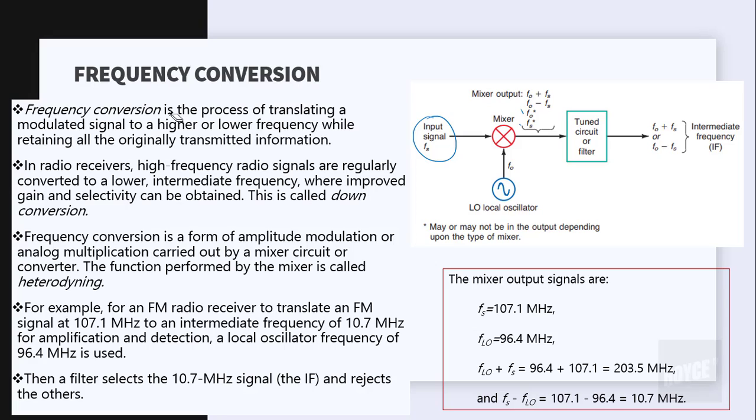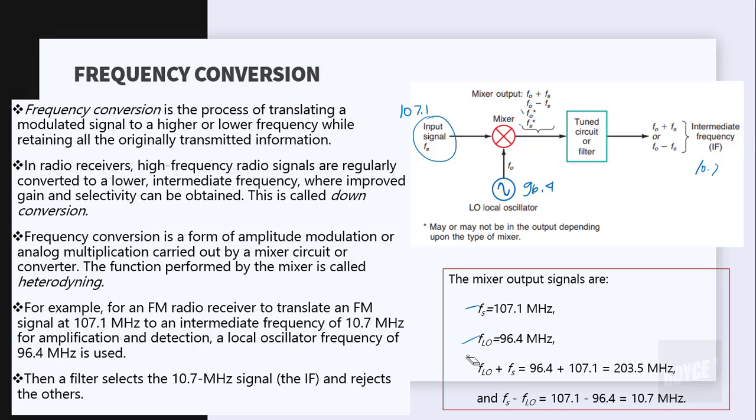Okay. So, meron tayo dito, input natin, 107.1. Local oscillator natin ay 96.4. Intermediate frequency hinahanap natin is 10.7. So, ang magiging output ng mixer is original frequency signal, 107.1.